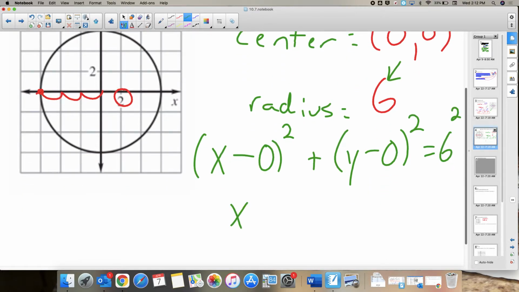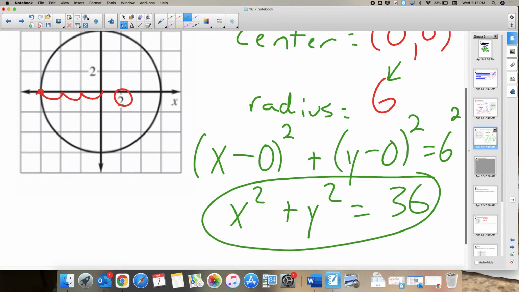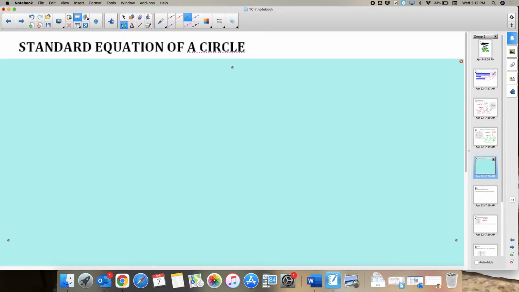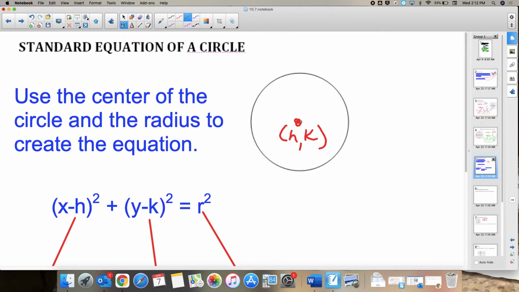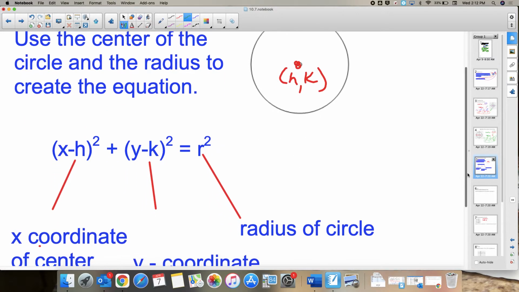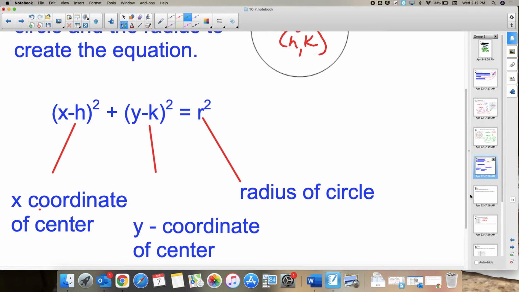Simplifying it down, we get x squared plus y squared equals 36. So there's our equation that we have. So that standard equation of your circle, we use the center and the radius to create that equation. So it is x minus h squared plus y minus k squared equals your radius squared.